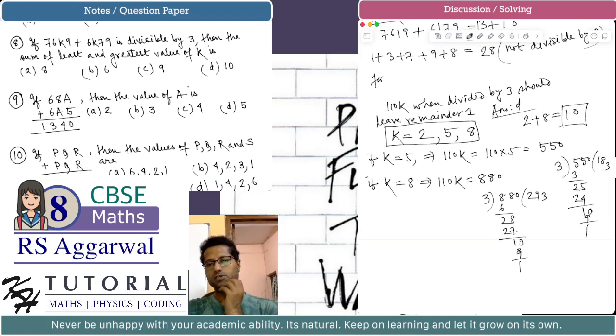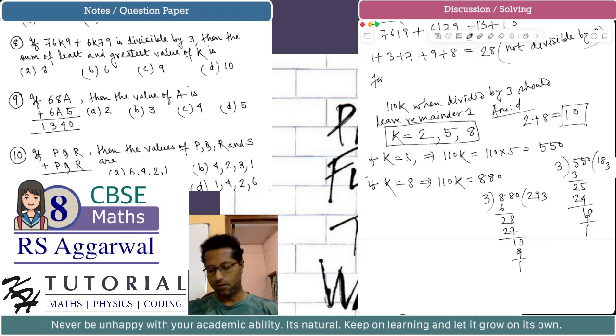We started with k as 2, and found that the least value of k such that 110k when divided by 3 leaves a remainder of 1 is 2. The next possible value of k will be 2 plus 3, that is 5, then 5 plus 3, that is 8, and then 8 plus 3, 11, but since k is a digit, it cannot have values greater than 9.